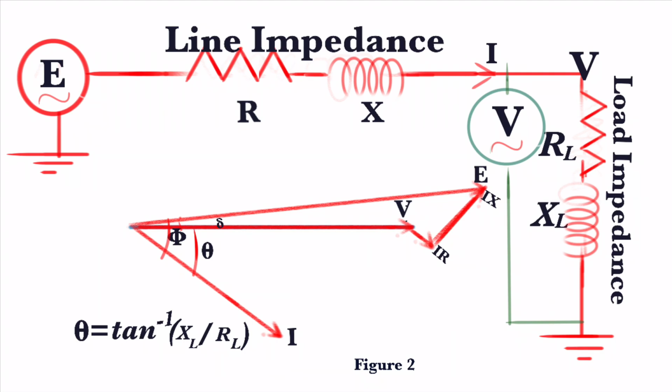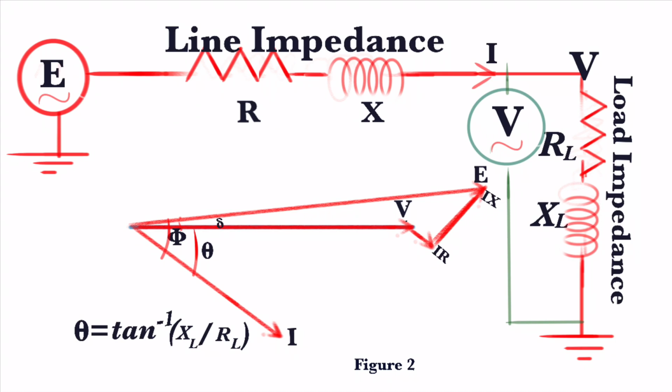So whatever the load current I has to flow through the line impedance to maintain the same drop, so that the E can be maintained as before. So the whole current through the load impedance will be coming through the line impedance.